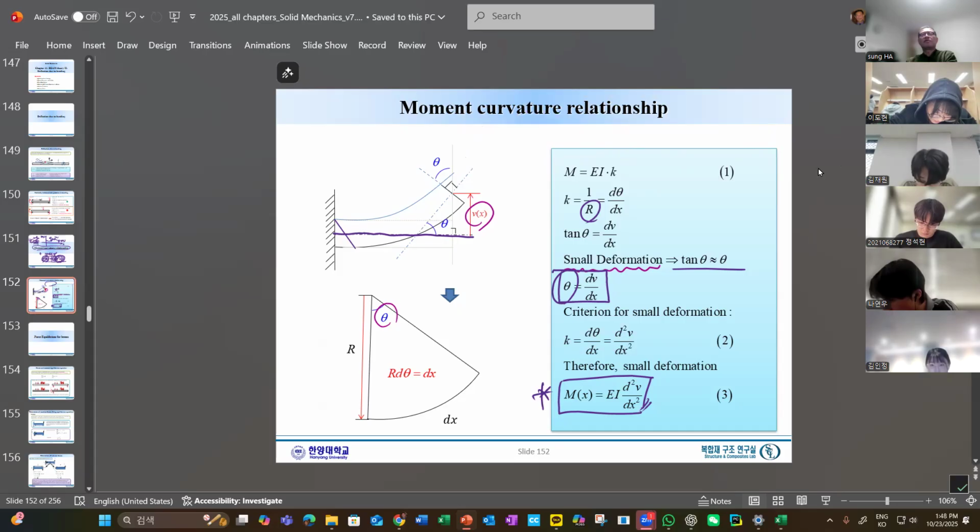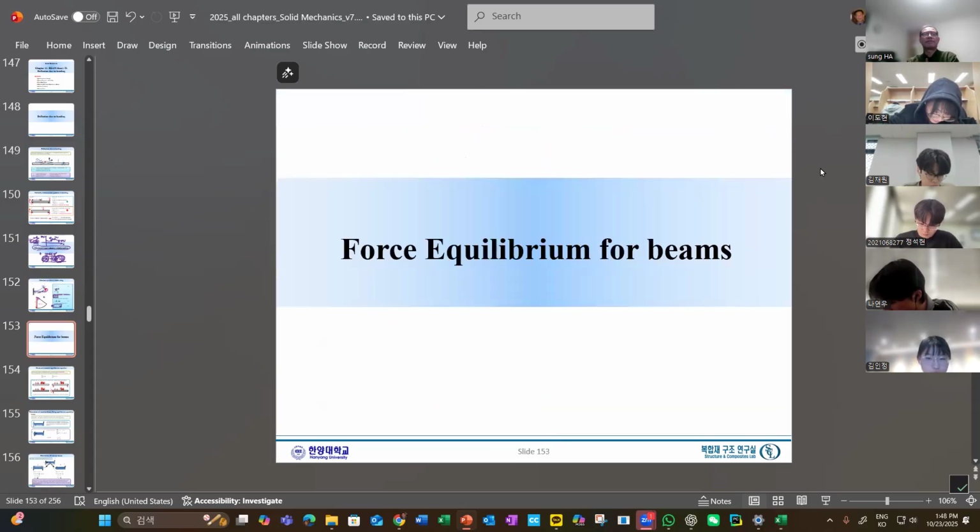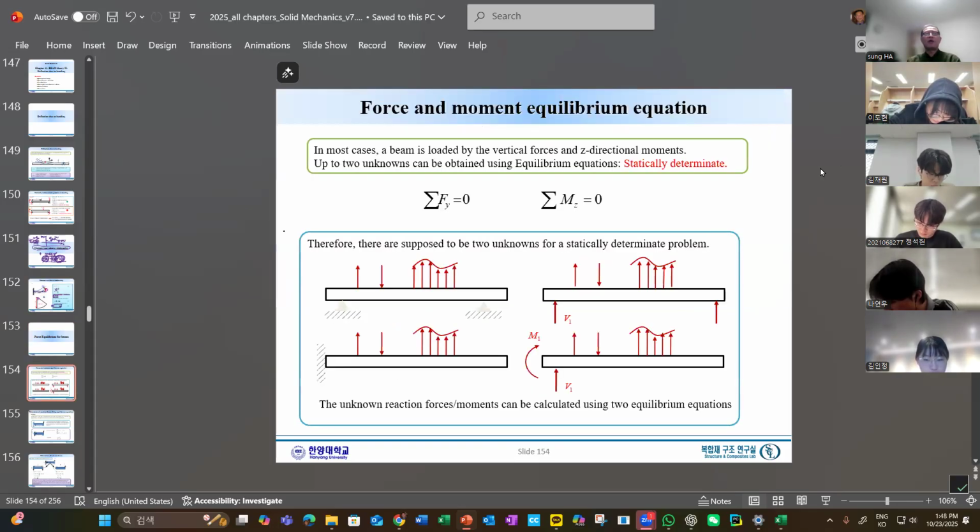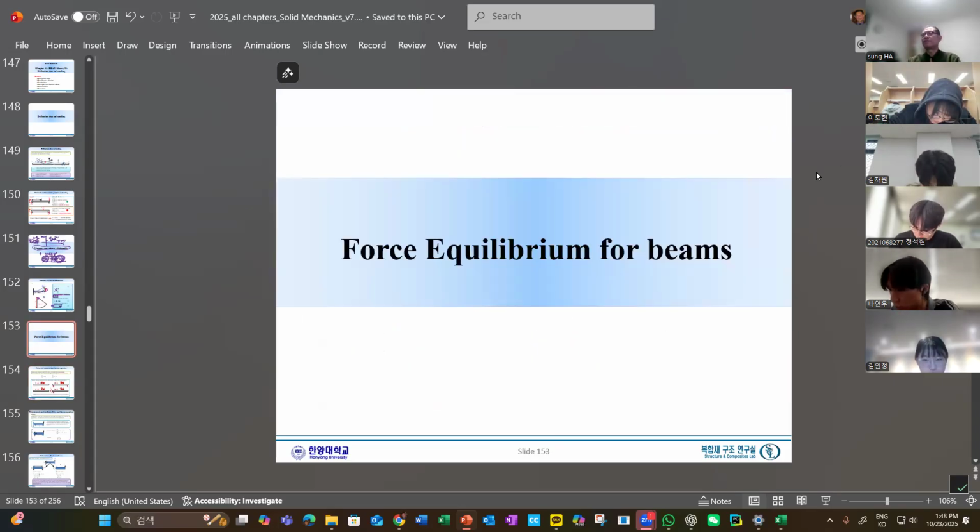As you just saw, even ChatGPT would follow exactly the same procedures. Okay, what will be the next one? Next one is the equilibrium. Equilibrium is the force equilibrium for beam.